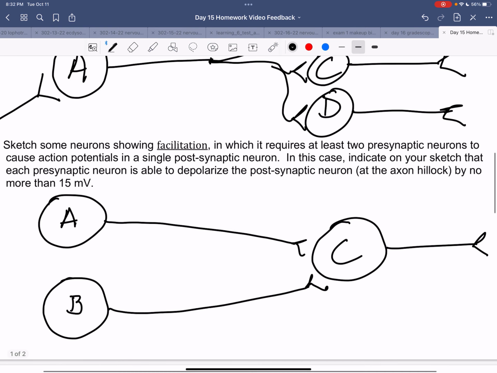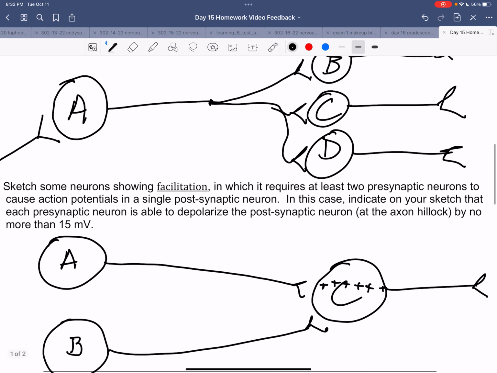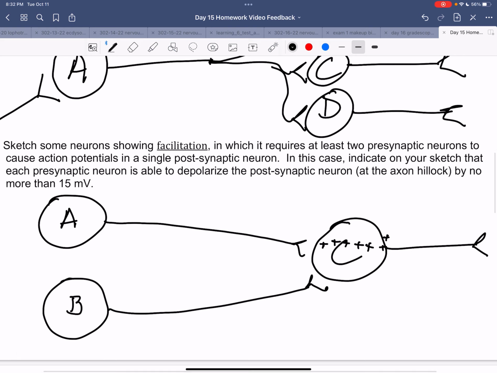Well, we know that it can take more than one episode of neurotransmitter release to get enough positive charge in to accumulate at the axon hillock to start an action potential. So let's imagine that this synapse from A gets enough positive charge in to get us plus 15 millivolts at the axon hillock.